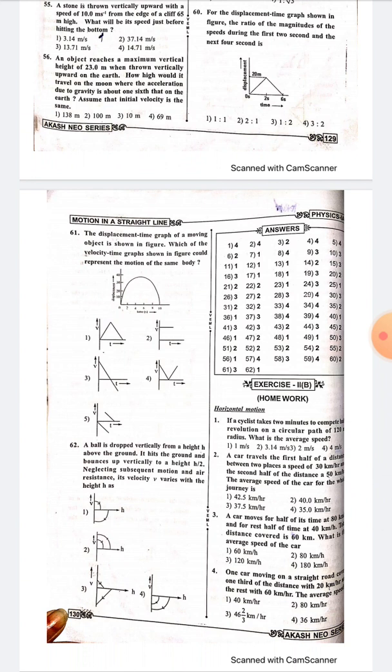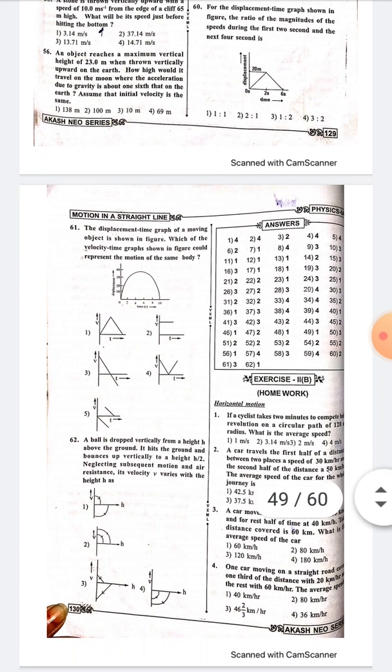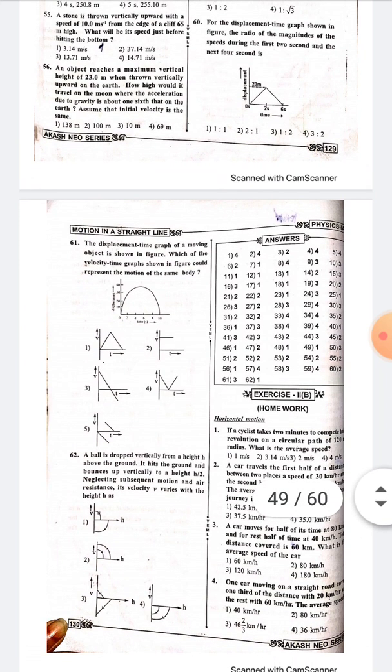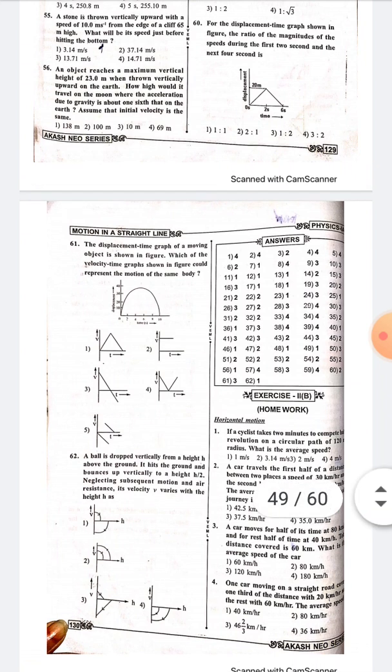How high would it travel on the moon when the acceleration due to gravity is 1/3 that of the earth? Assume the initial velocity is the same. Oh sorry, I missed the 56th sum. Let us cover the 55th sum later.